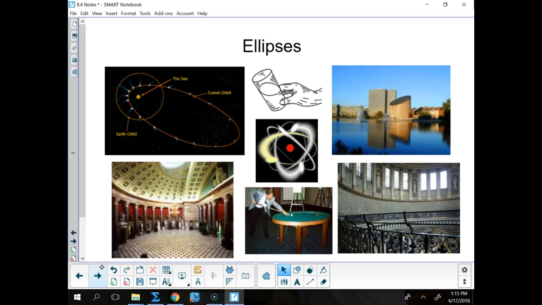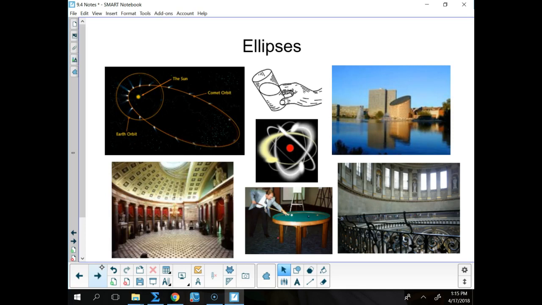The cool thing about the two rooms down there at the bottom, on the left and on the right: the one on the right is in London, and the one on the left is at the U.S. Capitol building, the original House of Representatives.